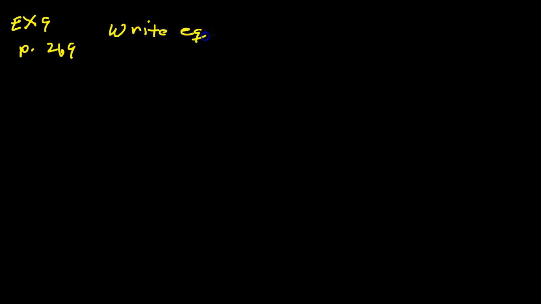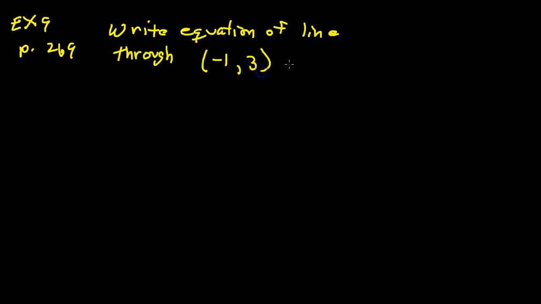Write the equation of a line through... and here you're given 2 points: (-1, 3) and (-5, 1). All right, so this is certainly different than all the other examples we did today. Well, let's think about this for a minute. What do we need? We need to, well, again, I'm going to say write an answer. Hang on.